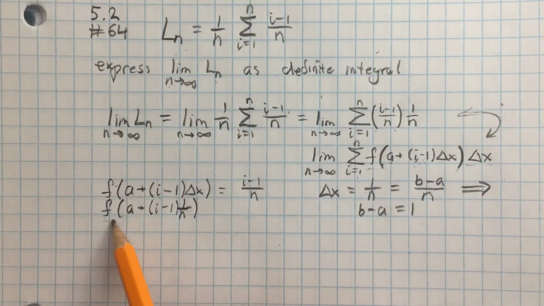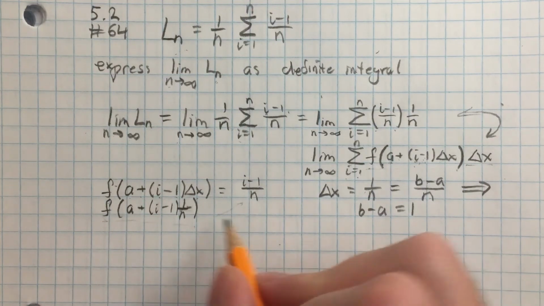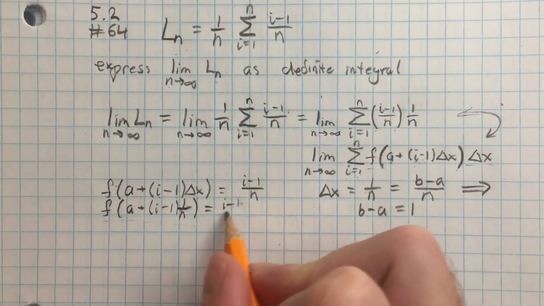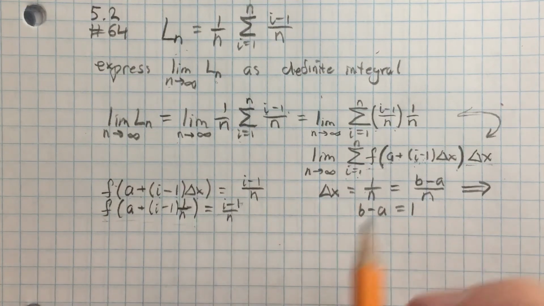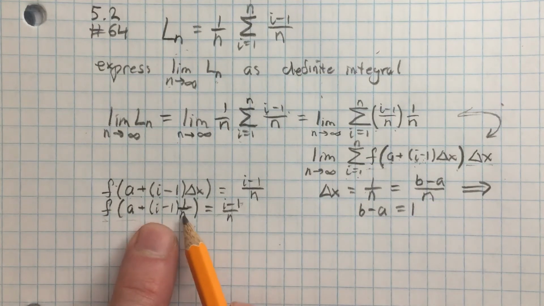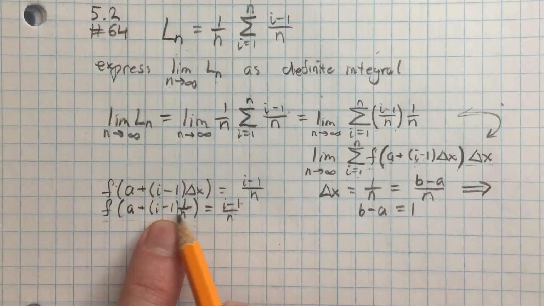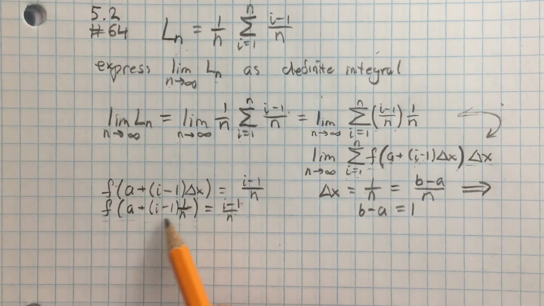So once I start comparing this with this, all right, a little more thoroughly, but look carefully, I see the (i minus 1) on n sitting right here in front of me. (i minus 1) on n, (i minus 1) on n. So if this whole thing is to be (i minus 1) on n, but yet it contains (i minus 1) on n, just think about it for a moment.